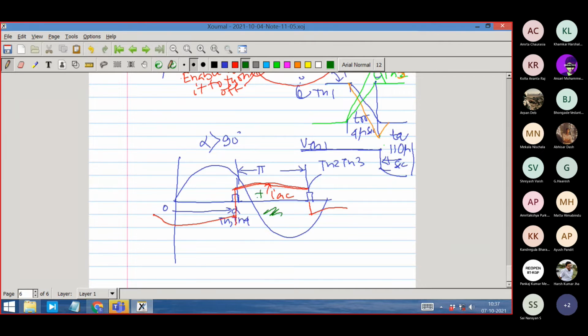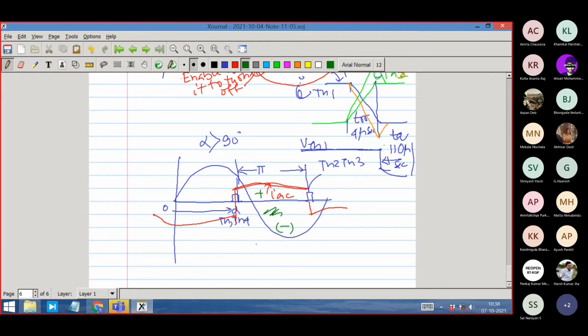I am saying most of the time the source voltage is negative, but the current is positive. What does it imply? It implies that the source is receiving power. Because it's negative voltage, current is positive. That means it is receiving power. And who is giving the power? It is given by the load. That's why it is called inverter mode of operation.